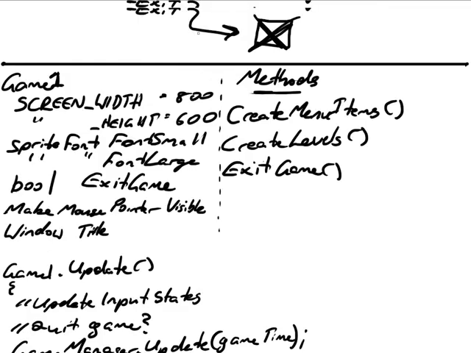Do I have enough space here? I probably do. I'll stop that one there. So, game manager class. What does it do? What is this game manager that I keep speaking of?